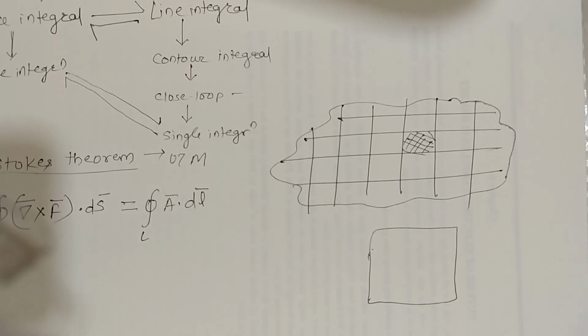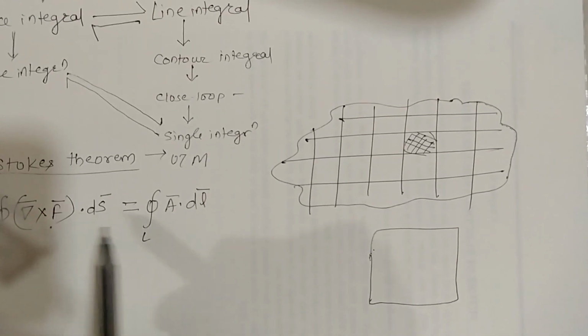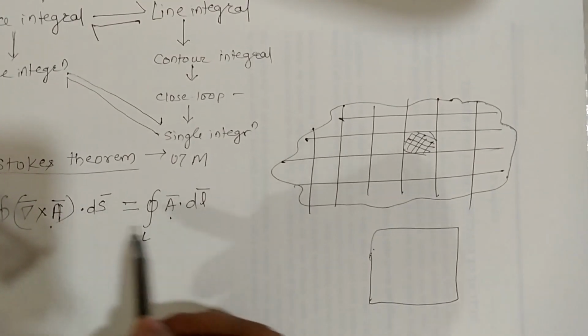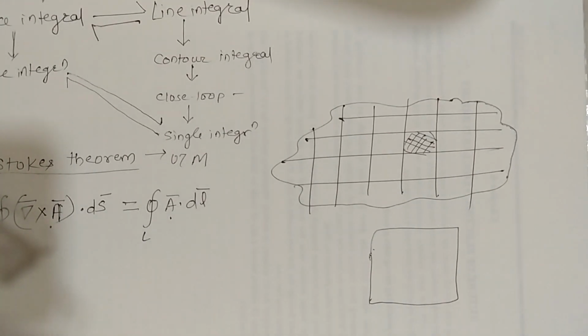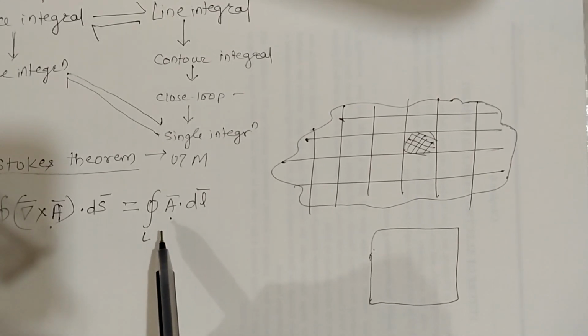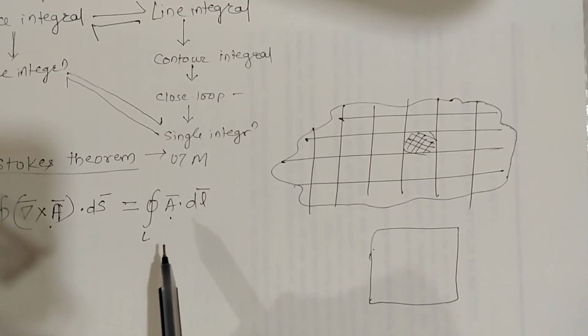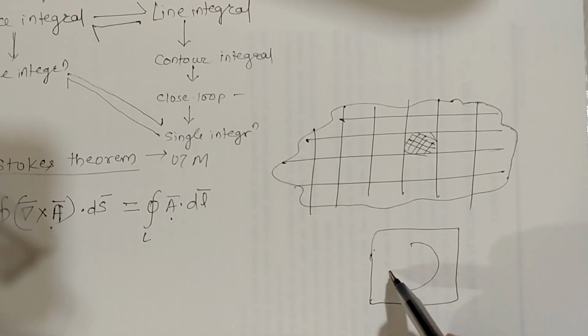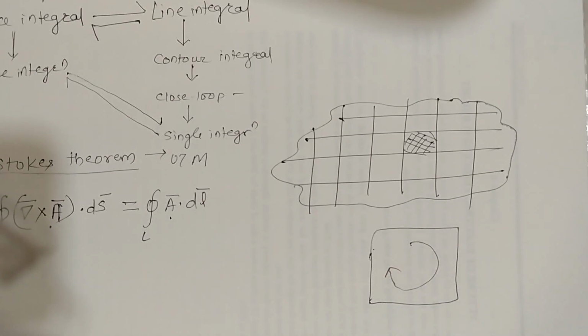Now since we are dealing with a vector, sorry, here it should be A bar, since we are dealing with the vector, it should have a direction. For understanding purposes, we consider that the vector has a direction in a clockwise manner.